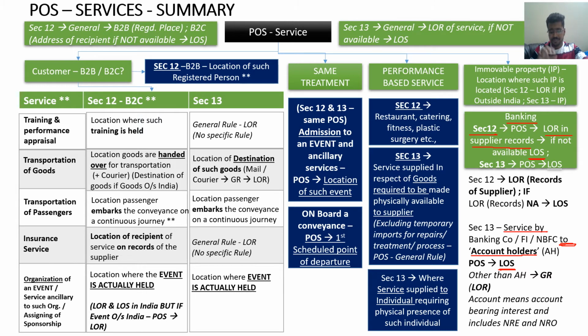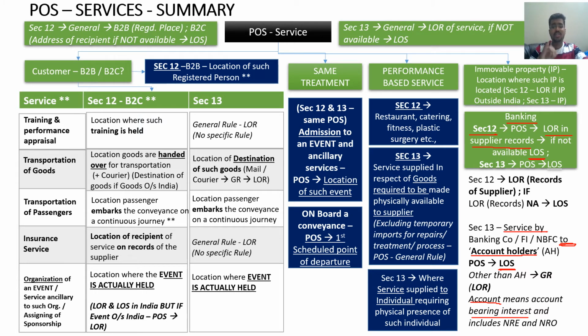So now, let's take the situation. Let's say the same SBI Bank in Chennai is having a customer who is outside India. Let's say an NRA is having an account in India, and that account is also defined to mean an account bearing interest. Only when an account is bearing interest, it is considered as an account for the purpose of this section.